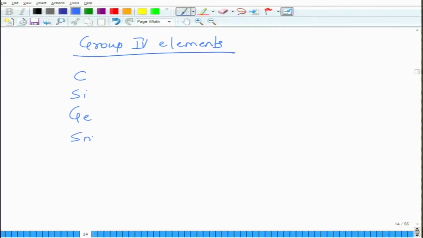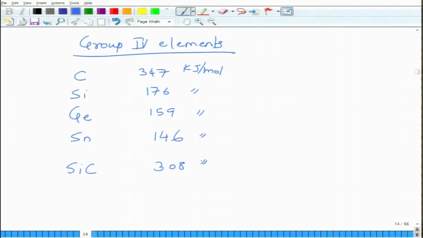And if I look at the bond energy, diamond has 347 kilojoule per mole, silicon has 176, germanium has 159 and tin has 146, and I compare this with another material, silicon carbide, which has 308.